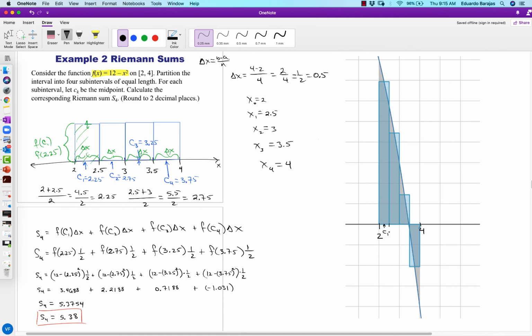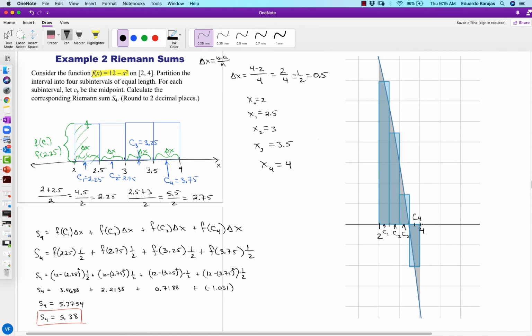And then this would be the next value of 2.5. And then the center of this second rectangle, that's the c sub 2 value, and then c sub 3 is the center of that rectangle, and finally c sub 4 is the center of that rectangle.